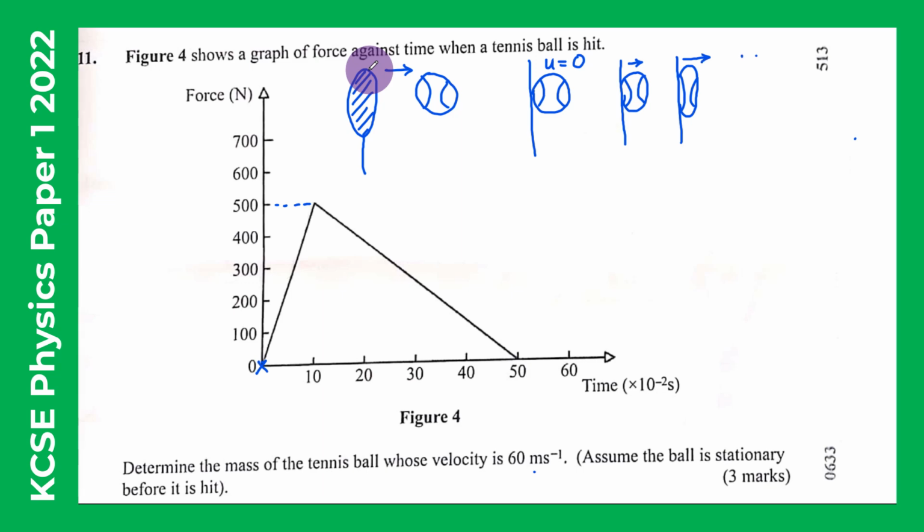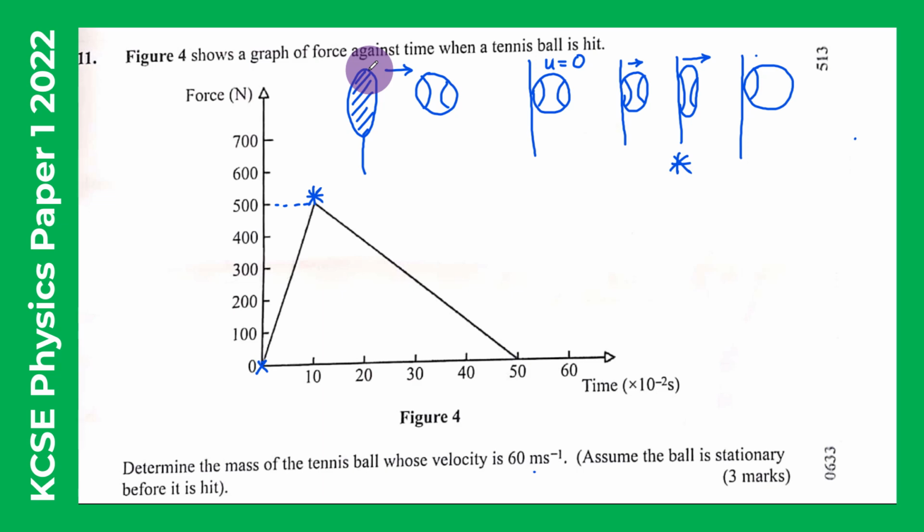So a time comes when the ball now has regained its shape completely. Remember this point where there is maximum force acting on the tennis ball is this point here.